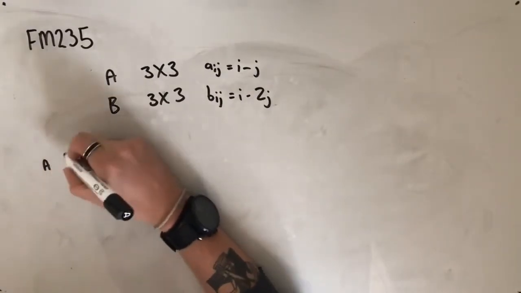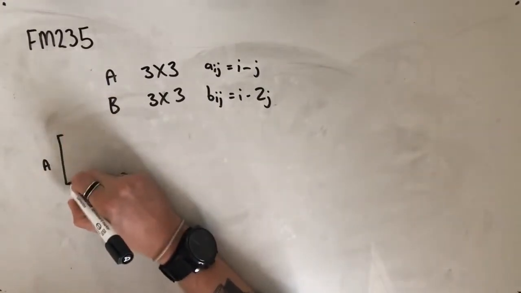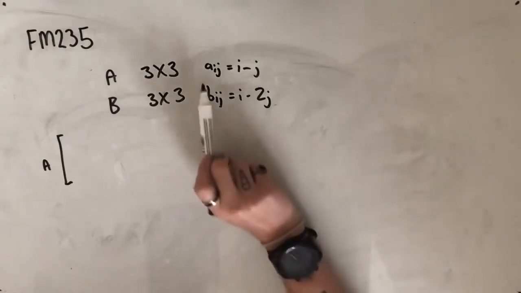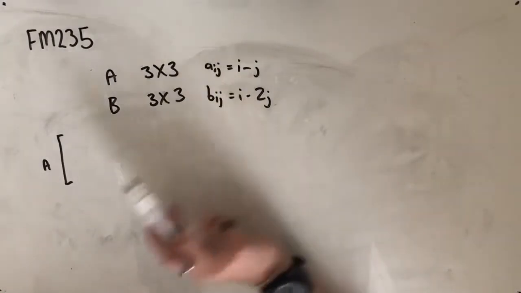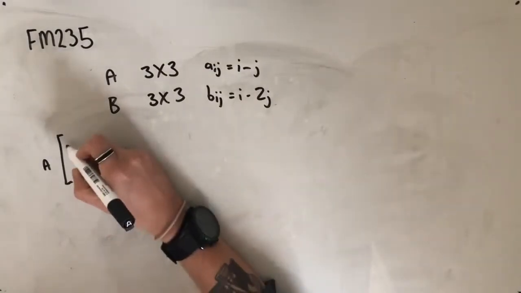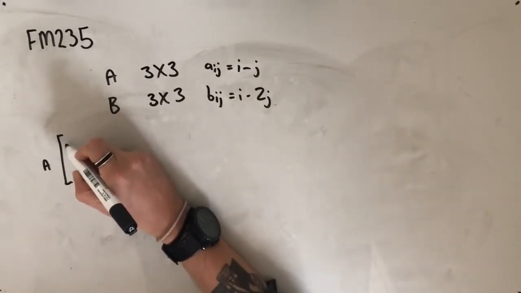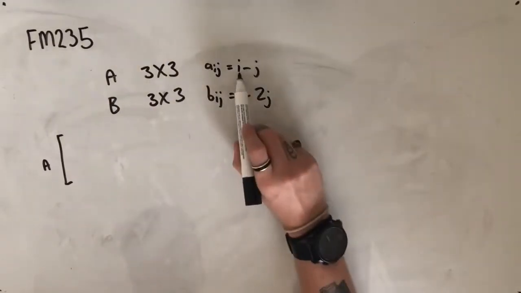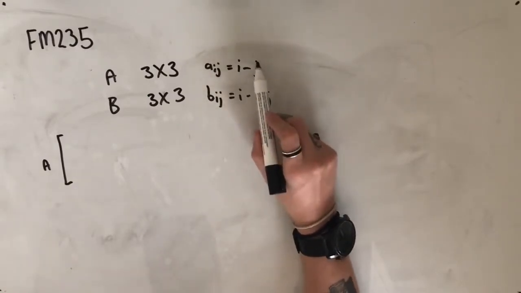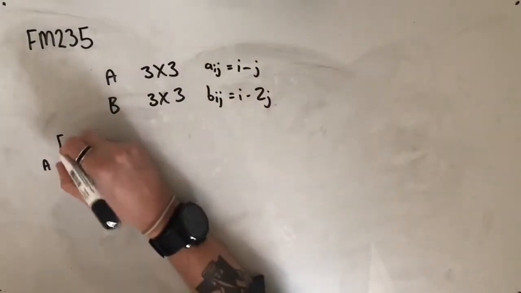So matrix A, we're told that the elements Aij are equal to i minus j. So in this position in the top left, we've got row 1, column 1, which means that our element is going to be row 1 minus column 1, so 1 minus 1, which is 0.